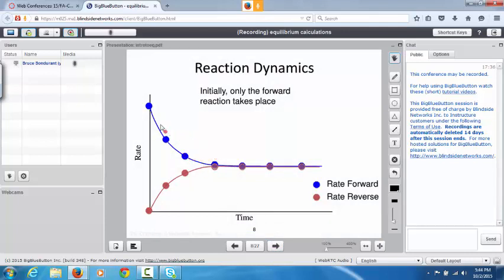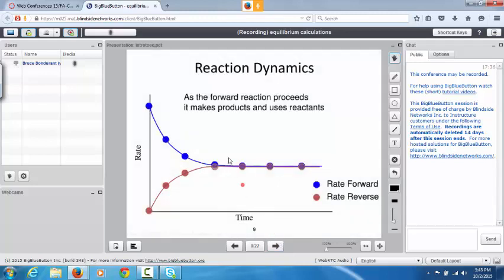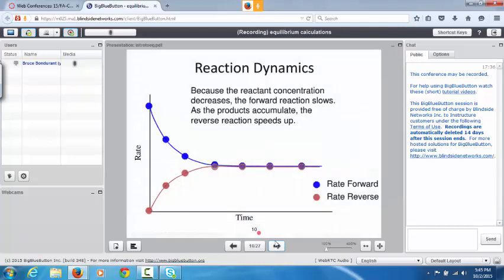So initially, only the forward reaction happens because there is nothing to do a reverse reaction with. As this forward reaction proceeds, it builds up more products and consumes reactants. Because of that, the forward reaction slows down. You can see the curvature in that. And the rate of the reverse reaction increases until they reach a point at which they're equal.